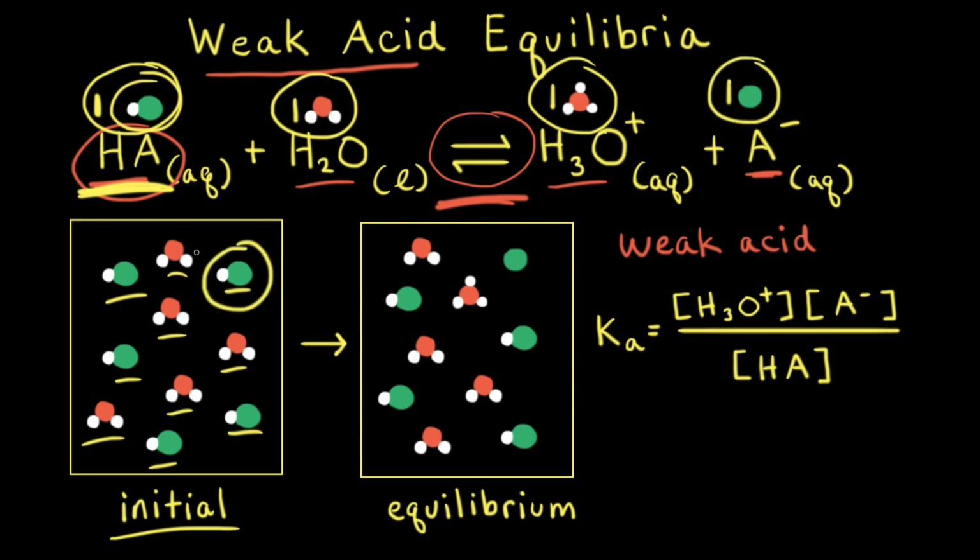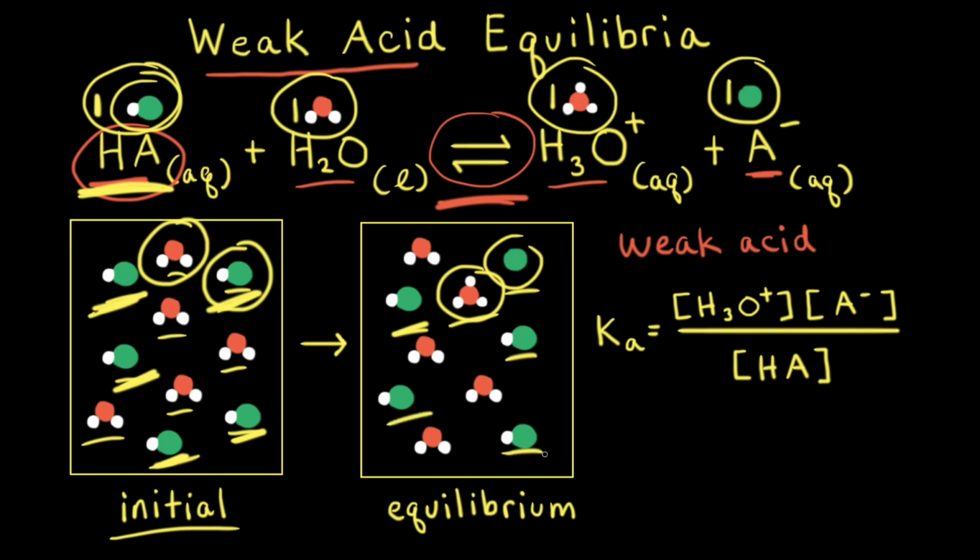So if 1 HA particle reacts with 1 H2O particle, that gives us 1 hydronium H3O+ and 1 A-. So out of the original 5 HA particles, only 1 of them ionized, leaving 4 HA particles still in solution at equilibrium. Therefore, HA only partially ionized and is a weak acid.